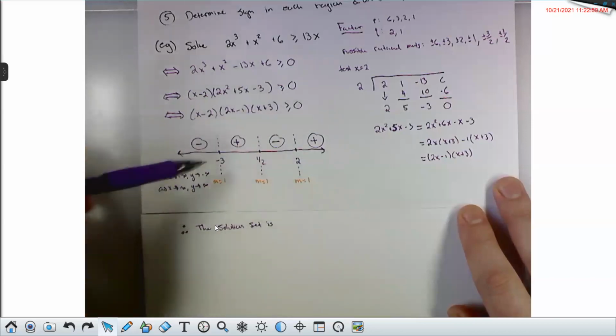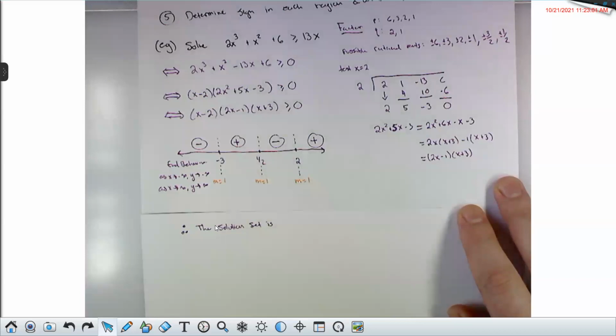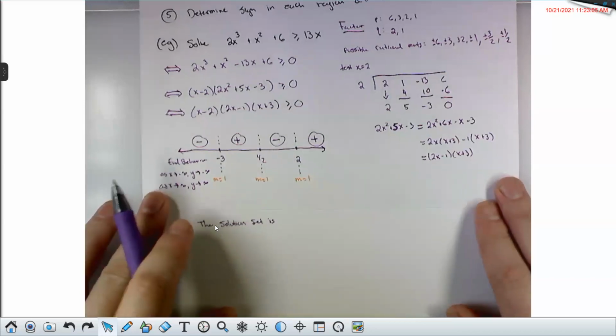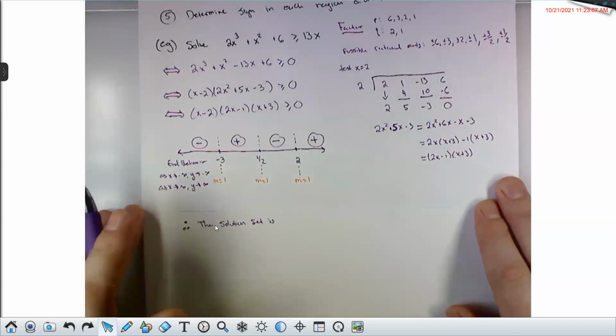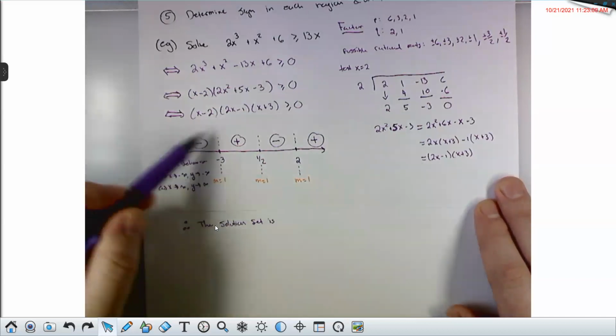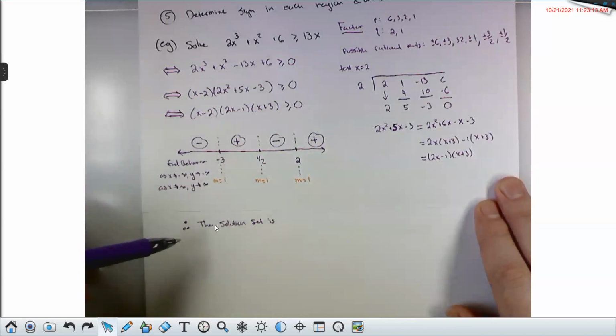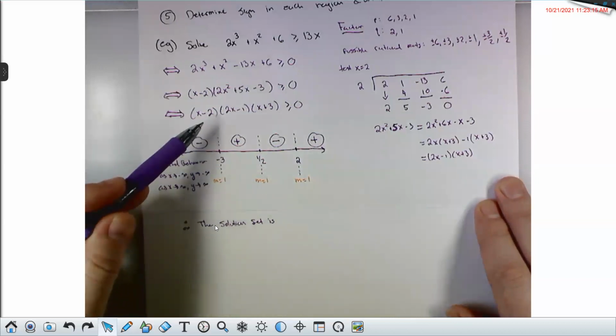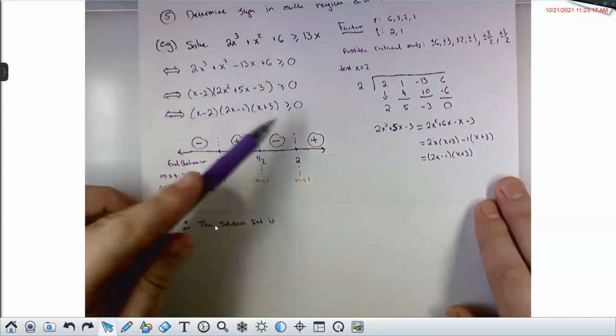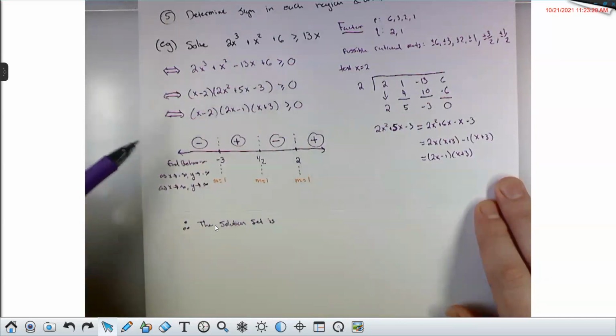Let's just start with the endpoints of the intervals I'm going to use. Is this region a part of my solution? No, right? Because this polynomial is negative in this region. I'm looking for places where this polynomial is greater than or equal to 0.